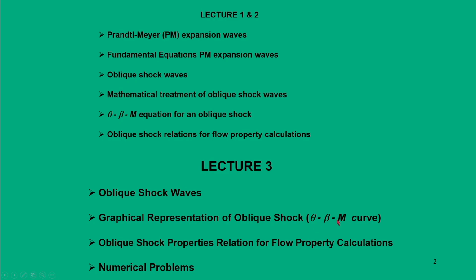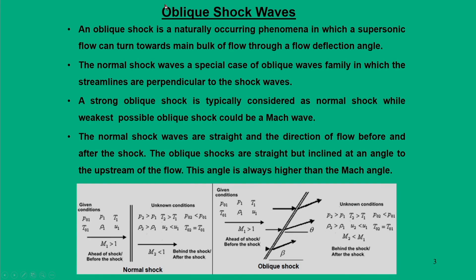Apart from that, we will also see how the theta-beta-M curve is a useful graphical representation, based on which we can get rid of having to remember this fundamental equation. Okay, so let me start.